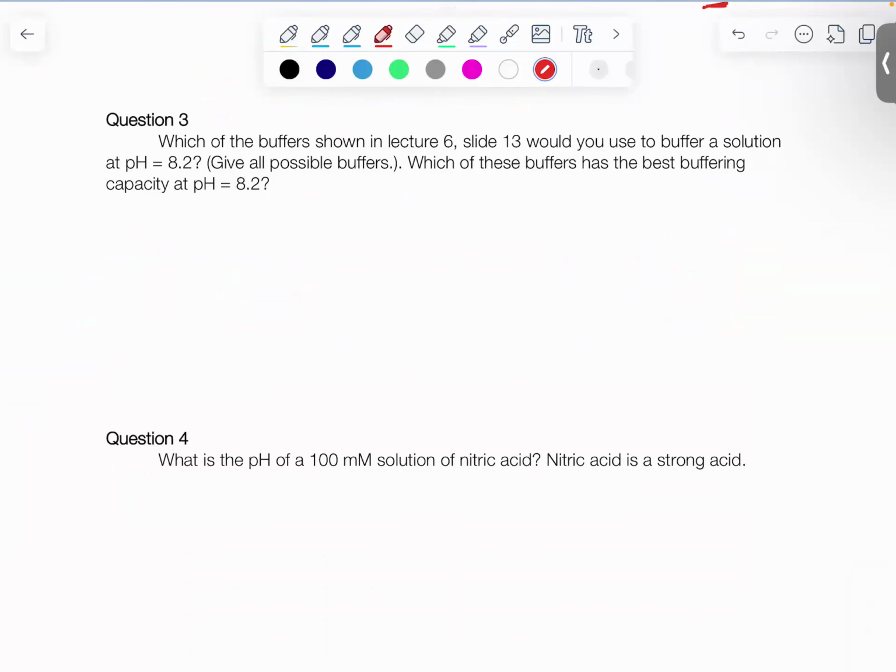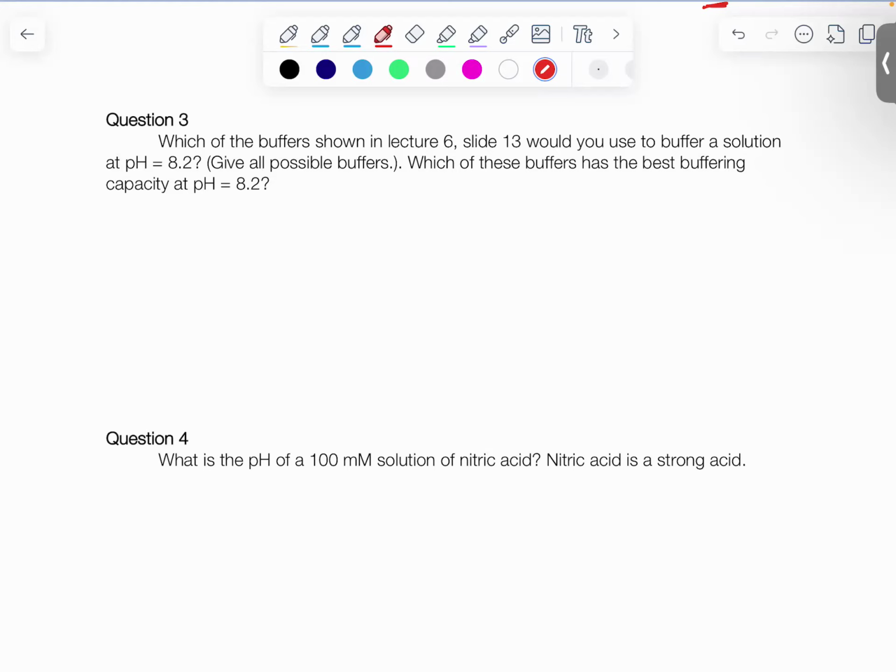Which of the buffers shown on lecture 6, slide 13, would you use to buffer a solution at pH 8.2? How would you start this question? Yeah, that's a pretty good place to start.